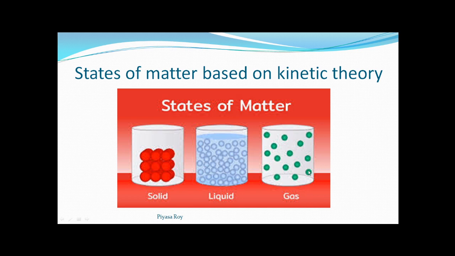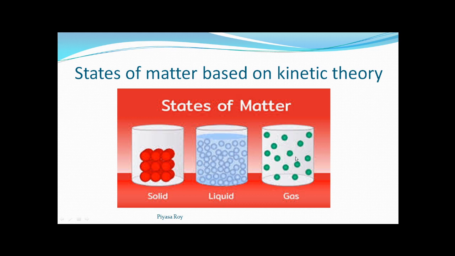So these are not rigid, whereas solids and liquids are rigid. We cannot change the shape of a solid easily because of the least interparticular gap between them. Okay.